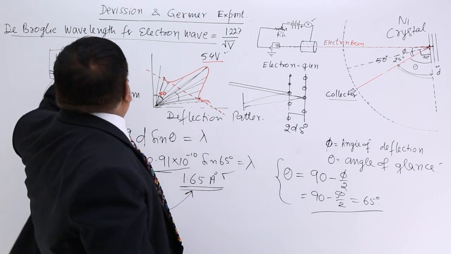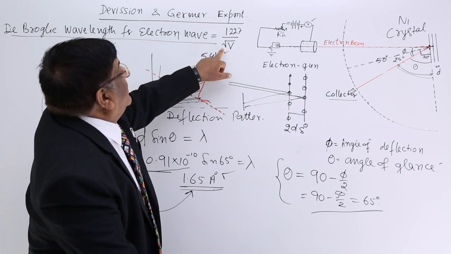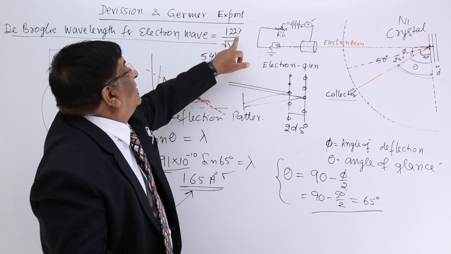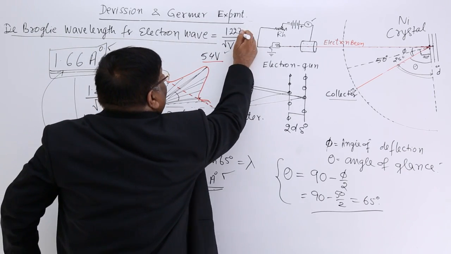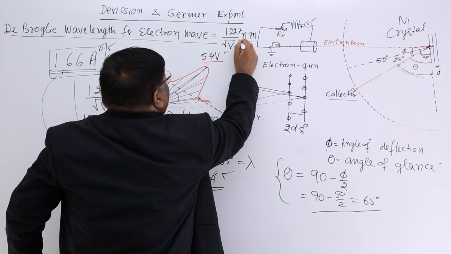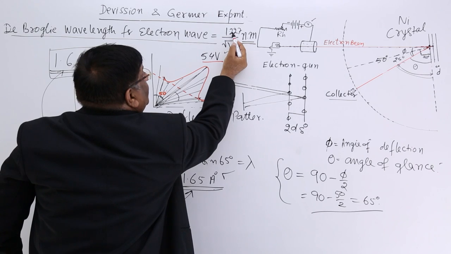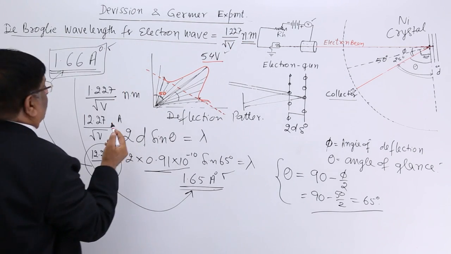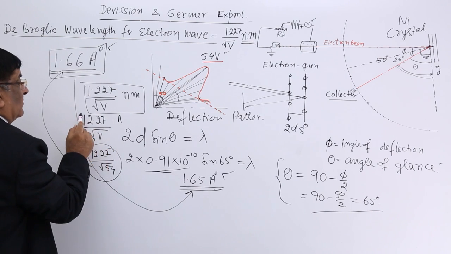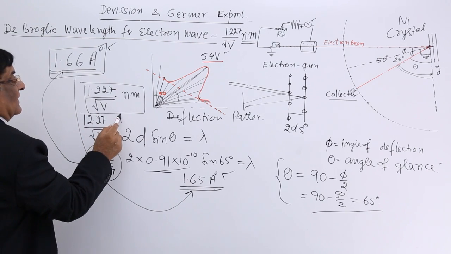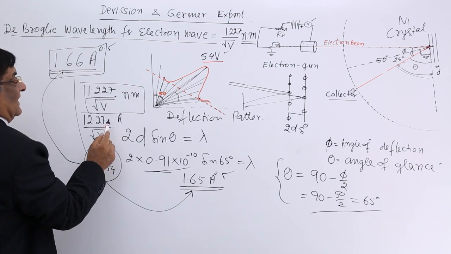Okay, De Broglie put the wavelength formula, that is 1.227 upon root V. There may be some confusion in the unit of this. The unit of this is nanometer. So, if we want to convert it to angstrom, this will be 12.27 angstrom. Nano is 10 to the power minus 9, angstrom is 10 to the power minus 10.